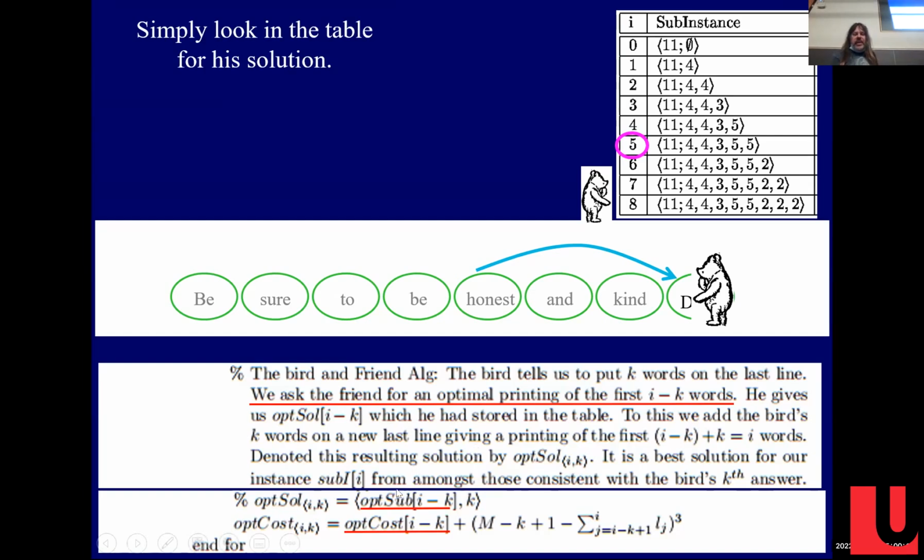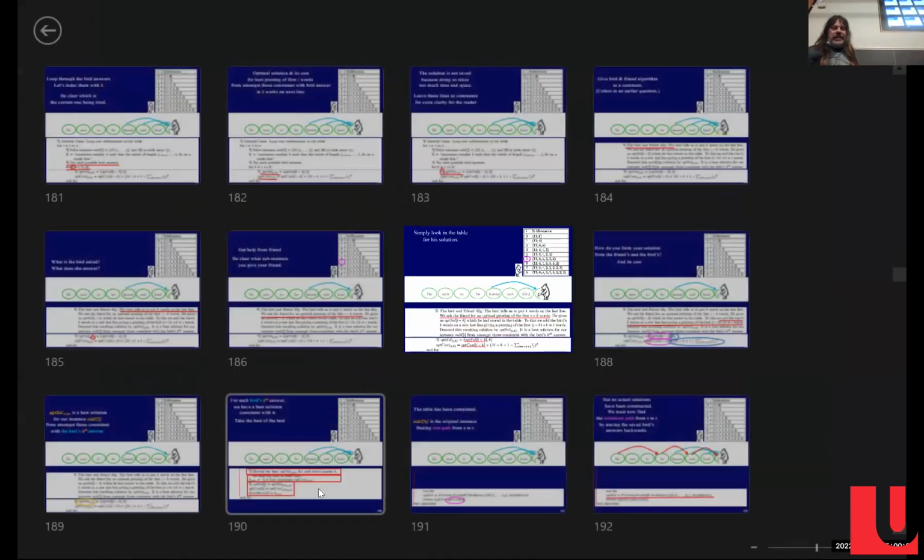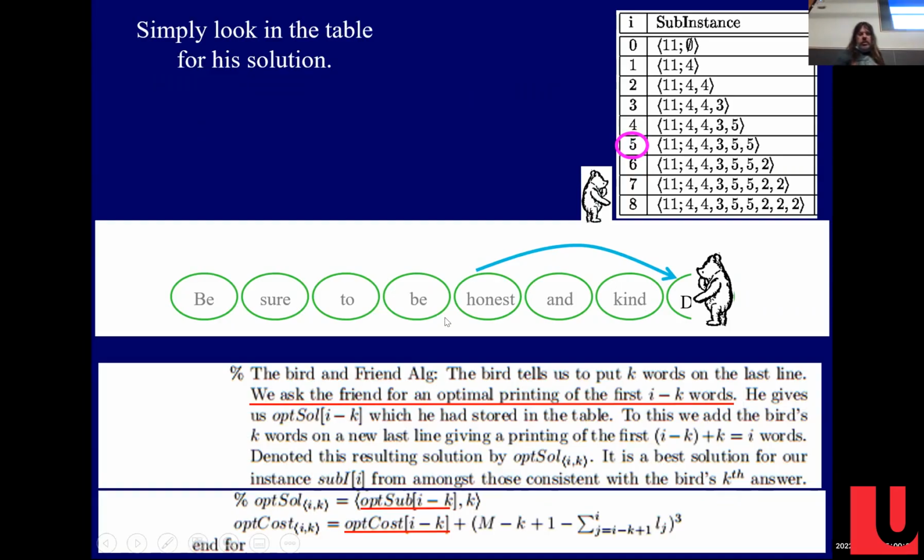One thing you're missing here. Sorry, if we had the whole page, I would have circled at the top, review what the sub-instances are. It says sub-instance I is printing the first I words. So what's your friend doing? He's printing the first I minus K words.